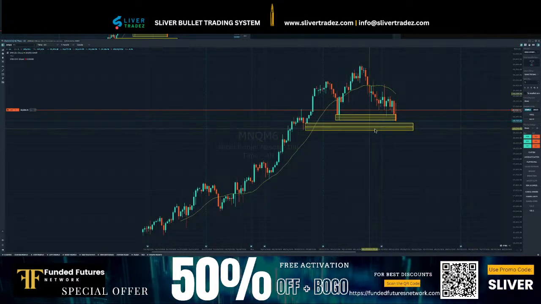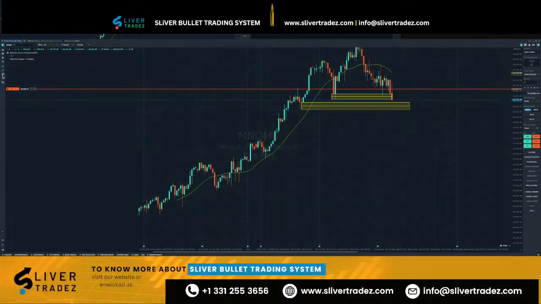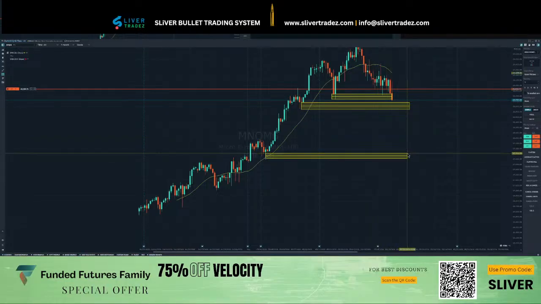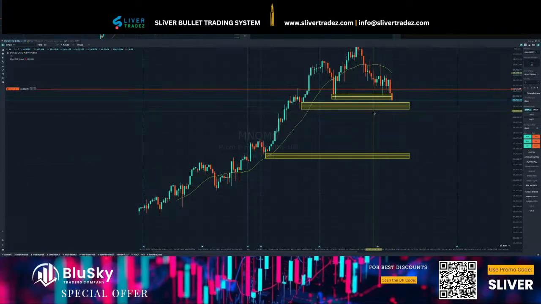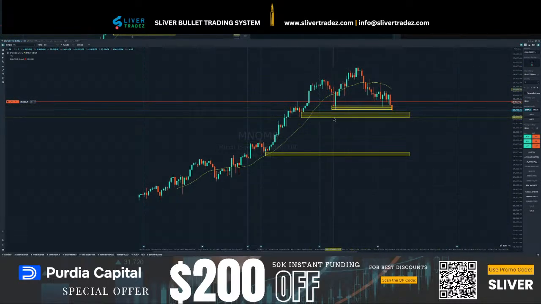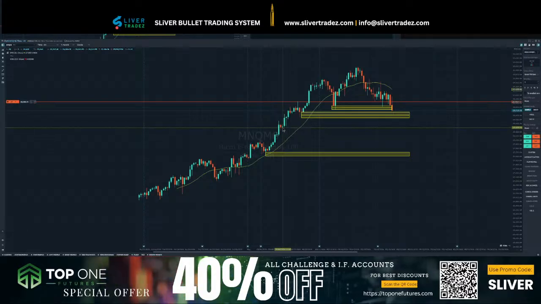So some more support it should expect. If it breaks that support, then next order block is way down here. Yeah, so if market wants to come down, it can come down for sure, but it will face an order block here, and then some minor resistance here, but it's not an order block.